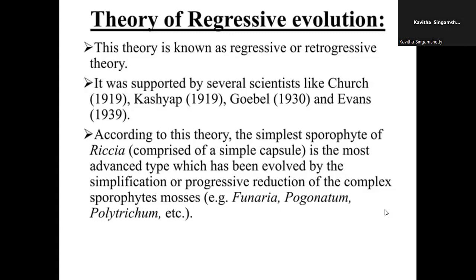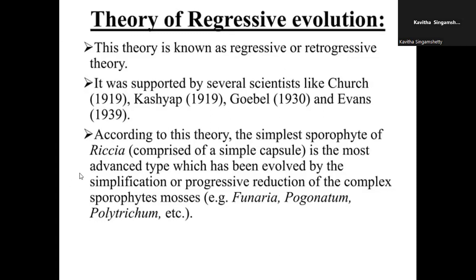In Bryophyta, the complexity of the sporophyte is more. So the complexity was reduced from back to front. In higher forms the complexity is more. It was reduced when we come to the lower forms, that is in Riccia.